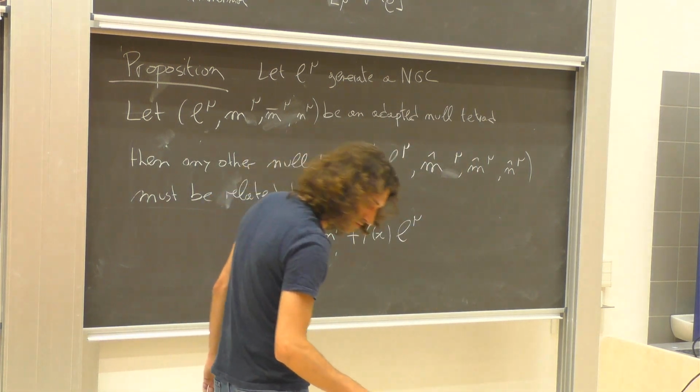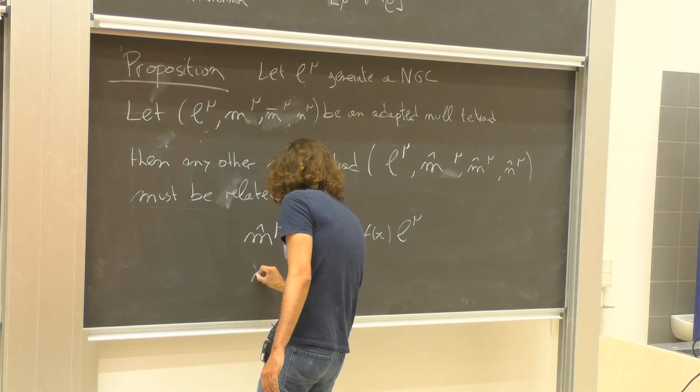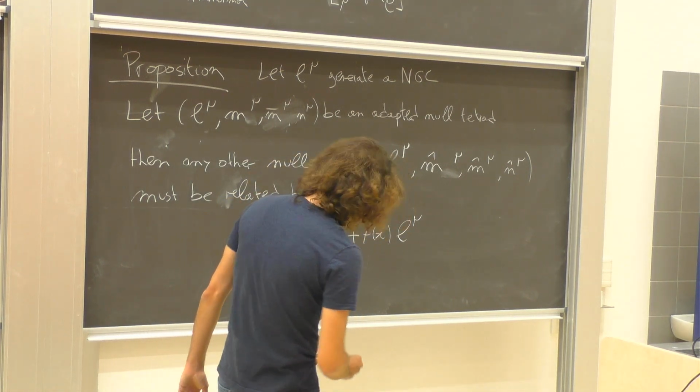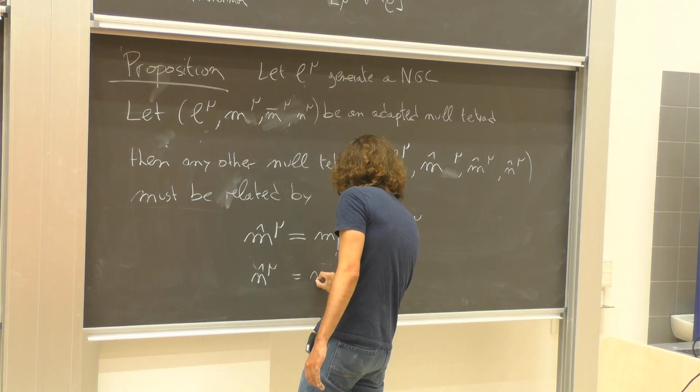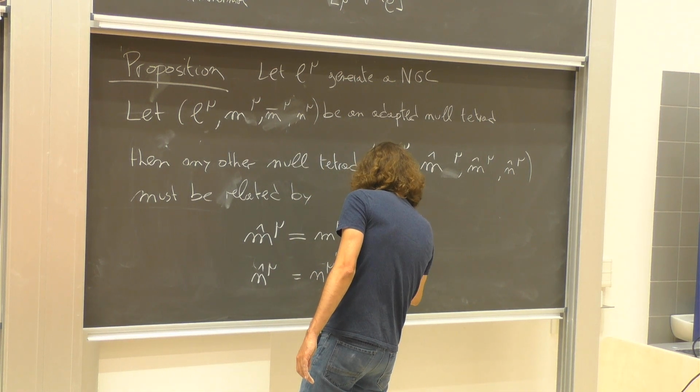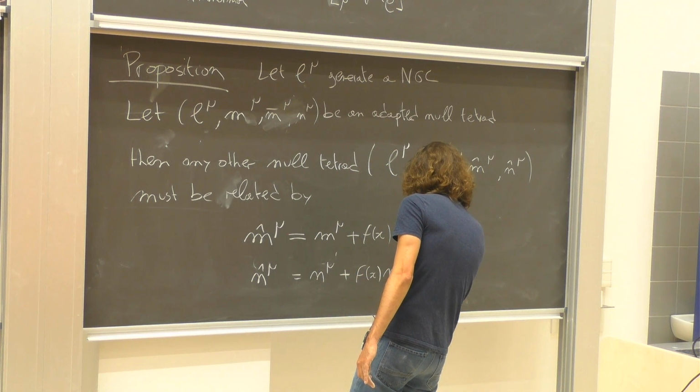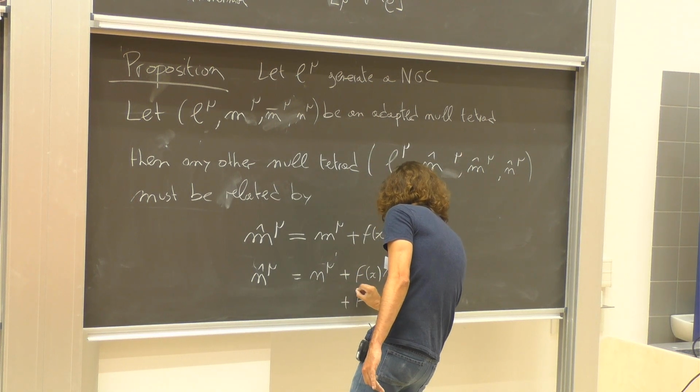And then this is the only free data, because N^μ in fact is of the following form: N^μ plus f of x M^μ plus f bar of x M bar^μ.